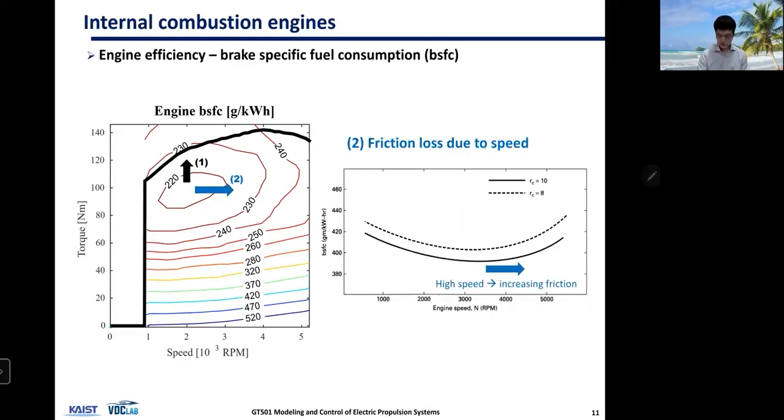And as you go towards higher speed, friction loss increases, because if you have rotating components that are moving at a higher speed, you get more friction, more viscous loss, right? So that leads to power and work losses.